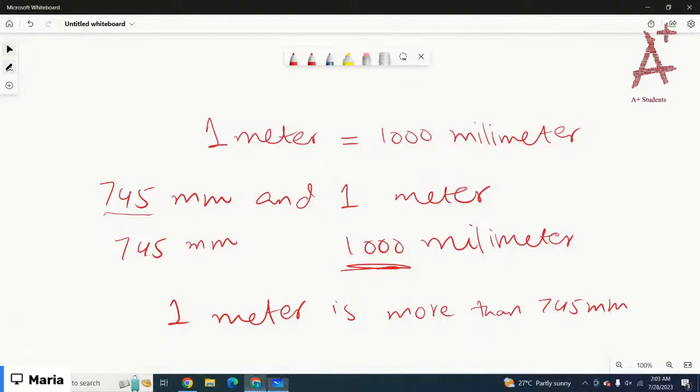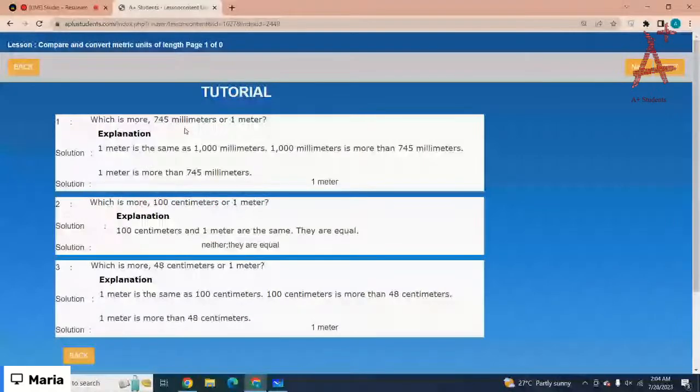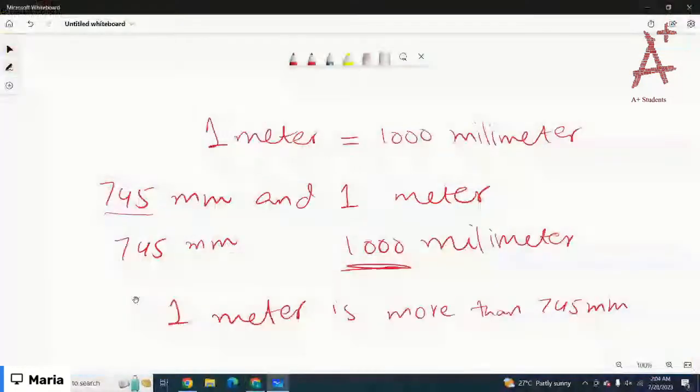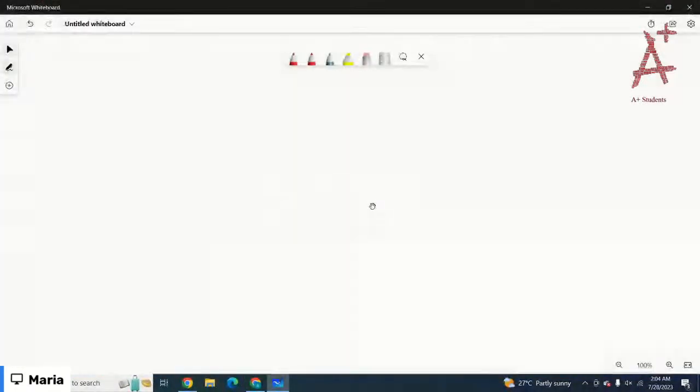Okay, the next one is which is more, 100 centimeter or 1 meter? So now you have to look at the relationship between the units meter and centimeter, right? So you have 100 centimeter and 1 meter. Meter is a bigger unit, centimeter is smaller.